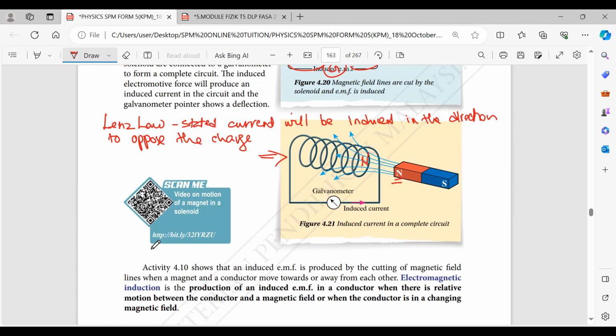Okay, what does it mean? Current is induced in the direction to oppose the change.